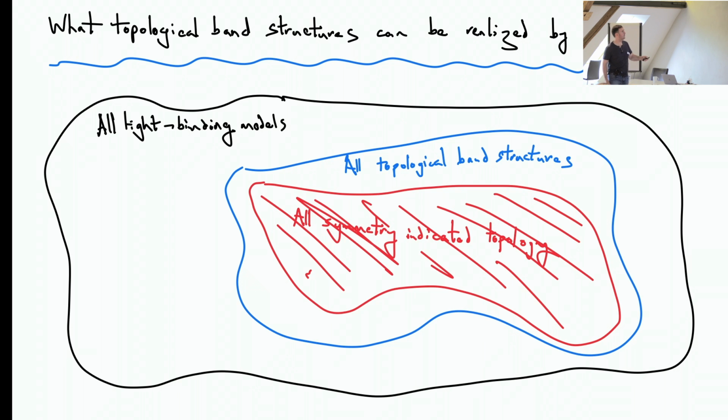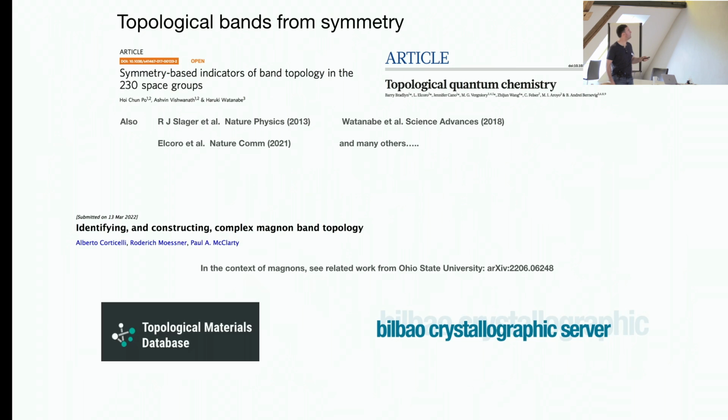Just to give you a picture of where we're going with this, all of these topology things appear in tight binding models. Some subset of these have topological band structures, and some subset of these have symmetry indicated topology. But this is a large bite, or at least it seems now to be a large bite, out of this blue region here.